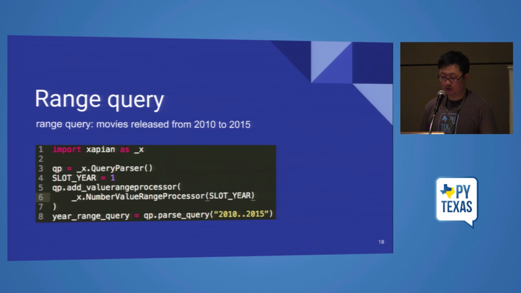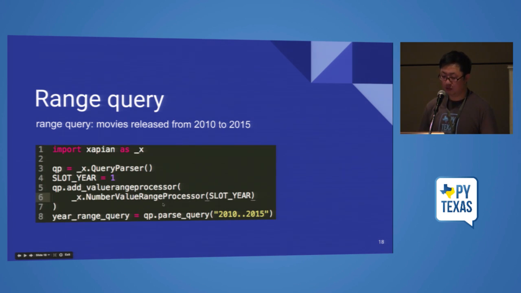So what if we want to search the movies released from 2010 to 2015? We already indexed the movie release year into the slot, and we can use the query parser to construct a query. To do that, we just need to add a value range processor to the query parser.